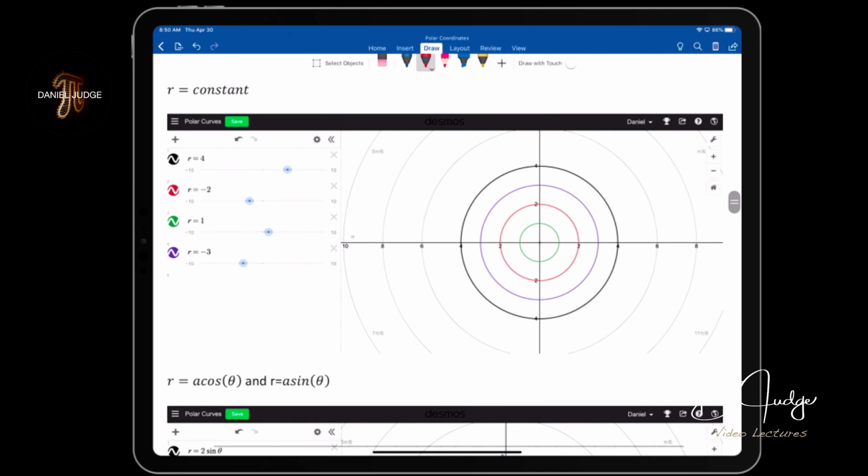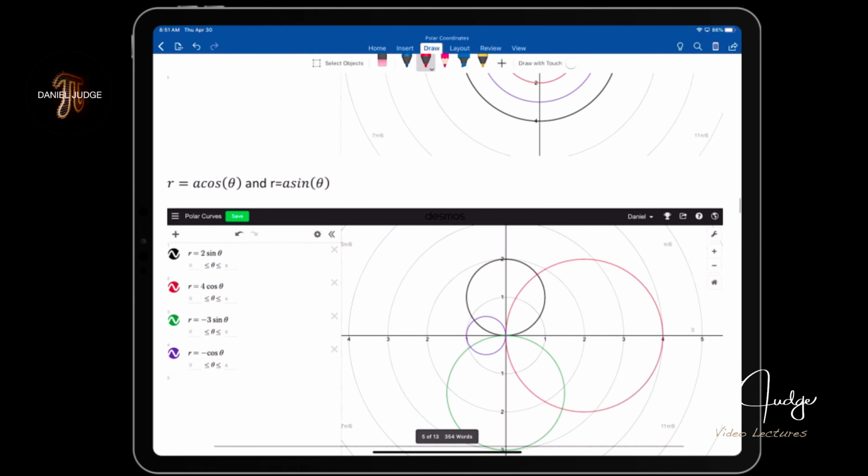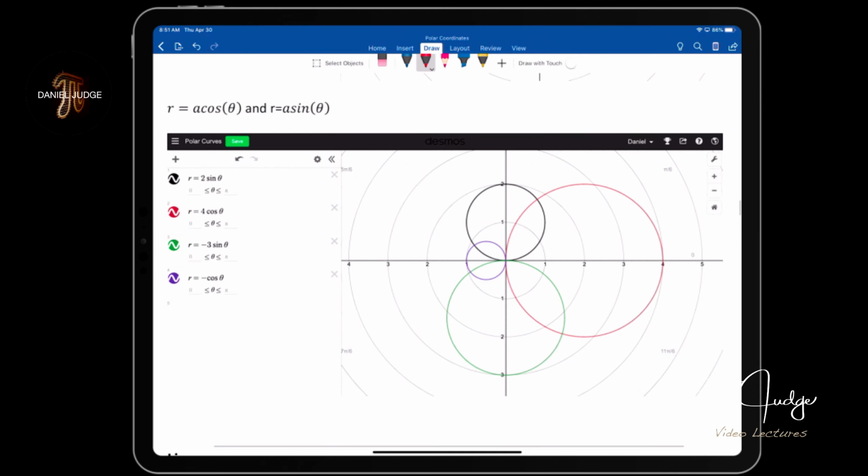So all these colors are associated with your circles that you see here. And these are also circles. R is A cosine theta, R is A sine theta. These are also circles, and you can prove that. I can show that. And typically in a trig class, you do.